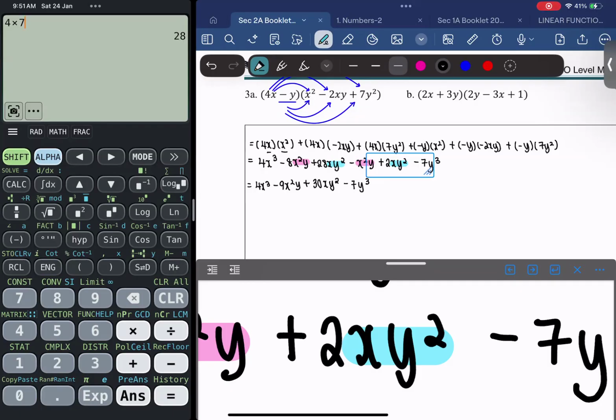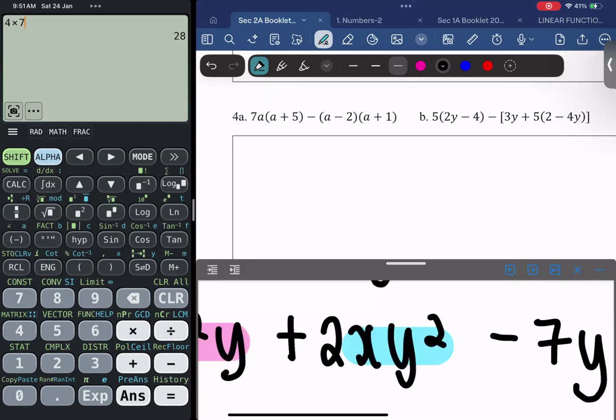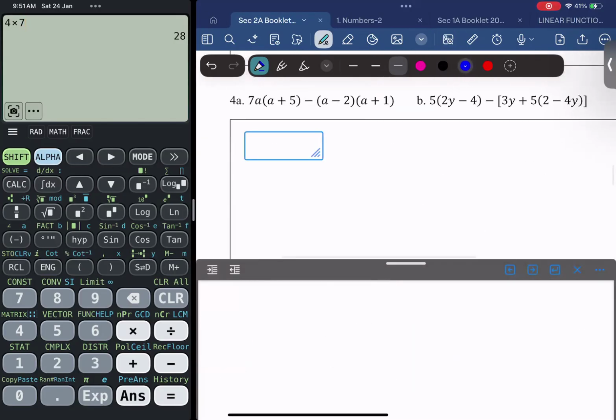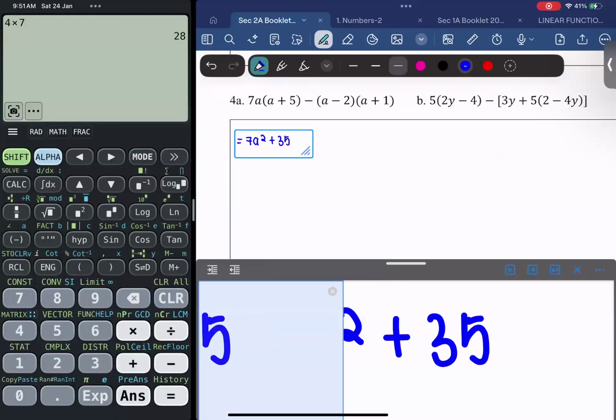Okay, can we move on? So, increasing difficulty. This time round, I have the rainbow method, and I also have the normal expansion. So same thing, right? 7a squared plus 35a.